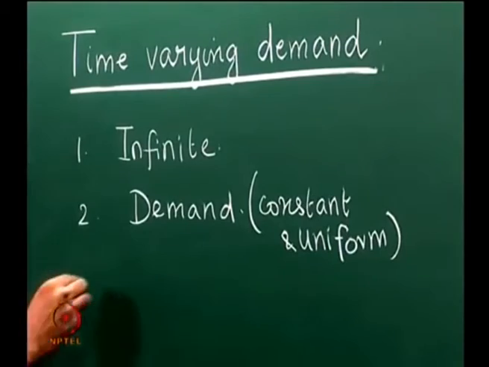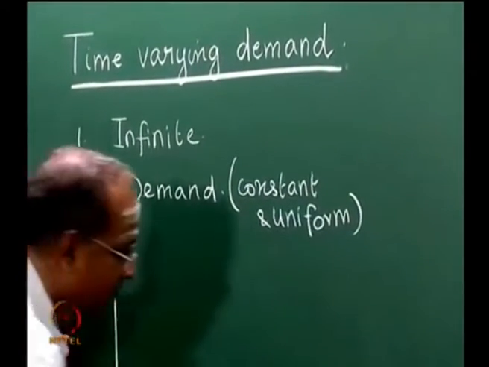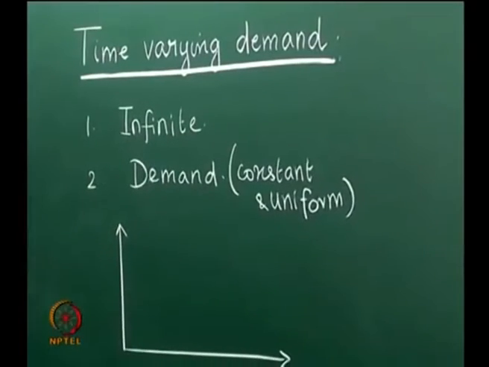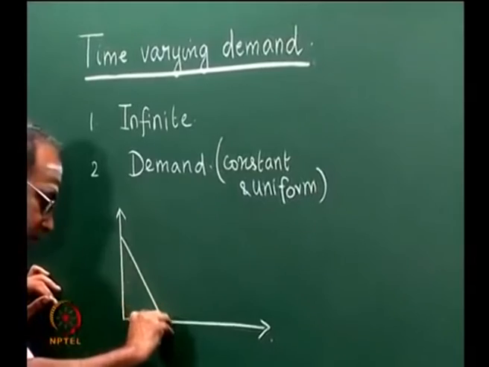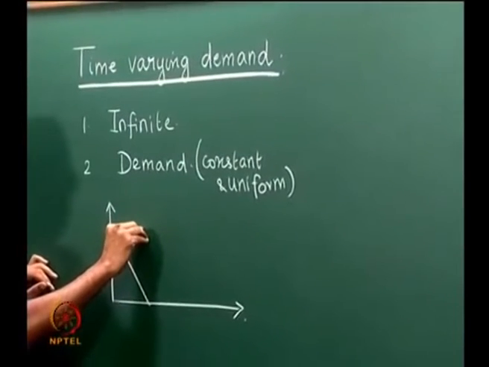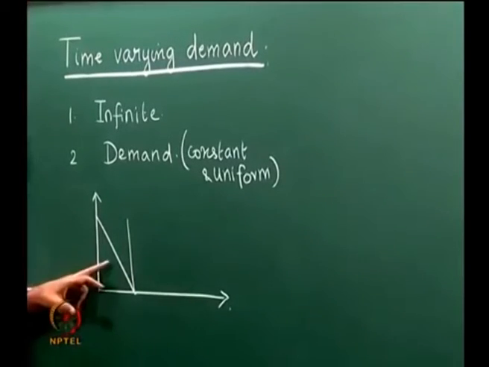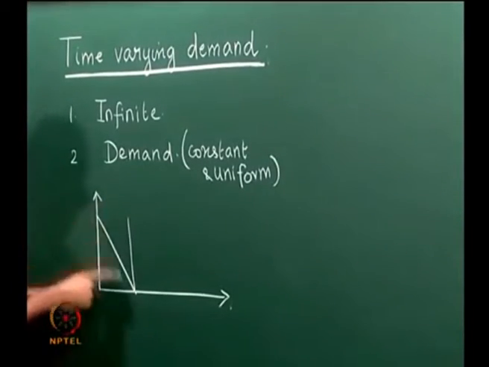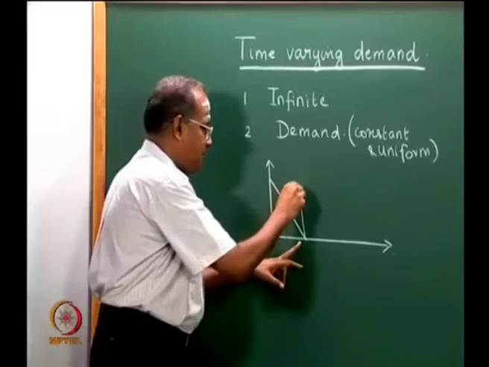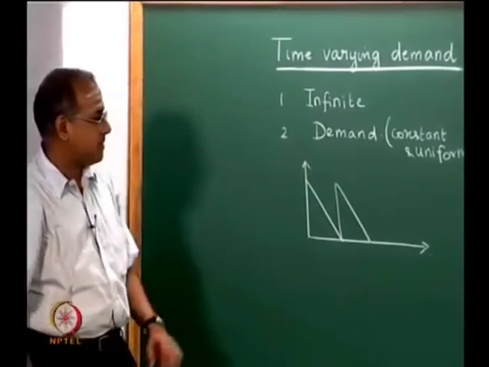For example, when we looked at the basic inventory model, which is the sawtooth model, we start by ordering Q at time equal to 0, and it is instantaneously replenished, and then it is consumed till the inventory reaches 0, and then another order is placed, and this process continues.